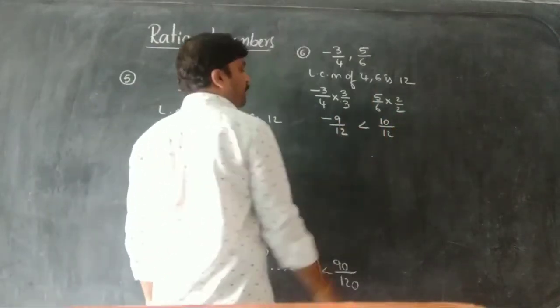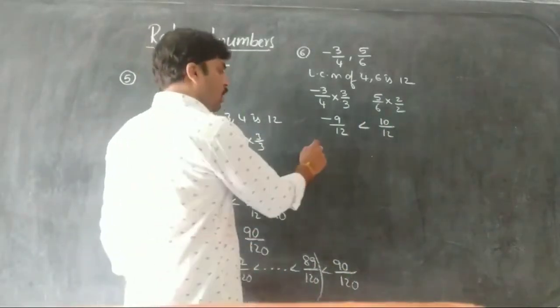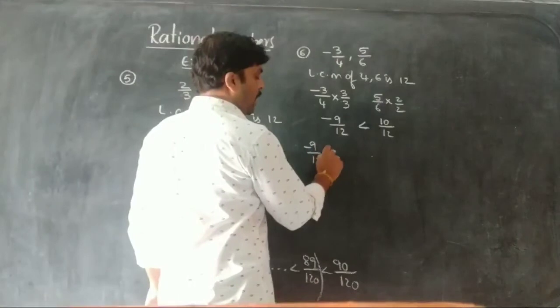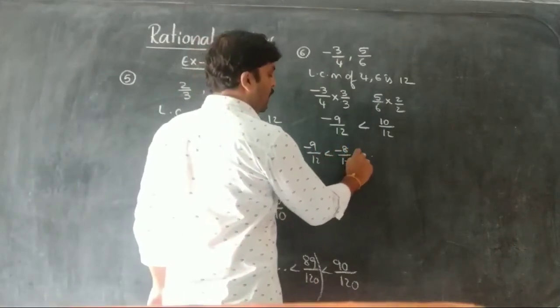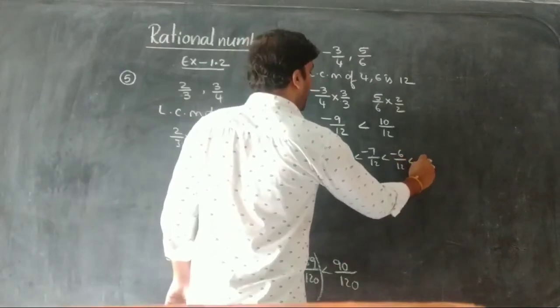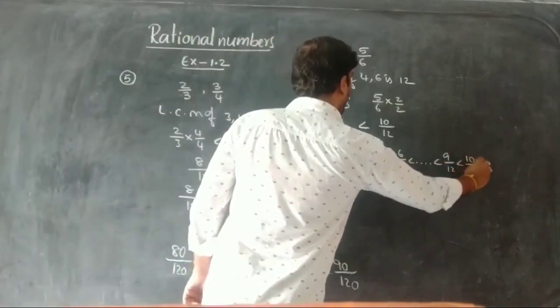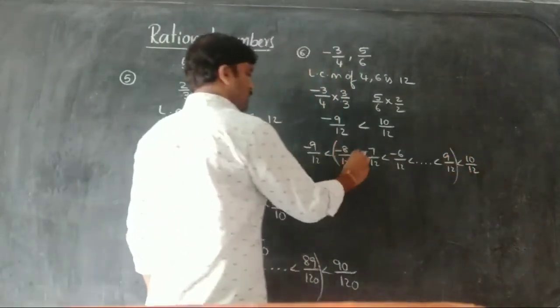Observe here: minus 9 by 12 is less than 10 by 12. So now write minus 9 by 12, minus 8 by 12, minus 7 by 12, minus 6 by 12 and so on, up to 9 by 12, which is less than 10 by 12. Check once.